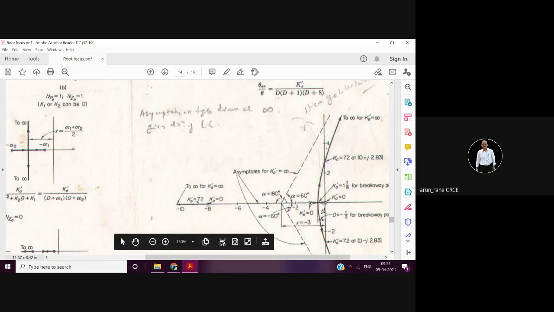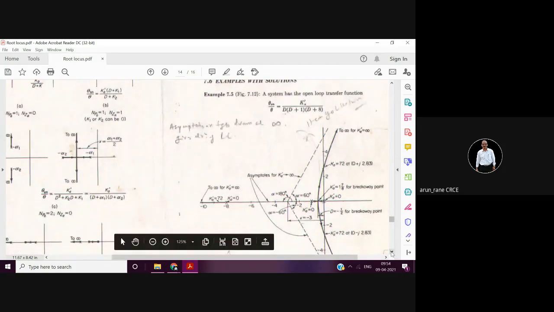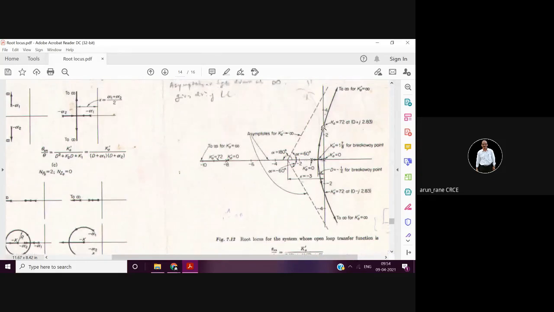Then you can find out the breakaway point and break-in point. Then you can also find out where it is crossing the imaginary axis. That is this and this. So this is what is called the plot, and these are your asymptotes.